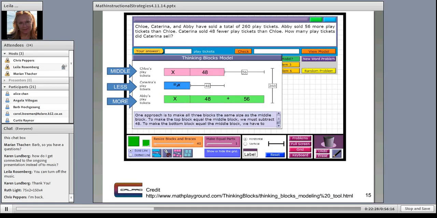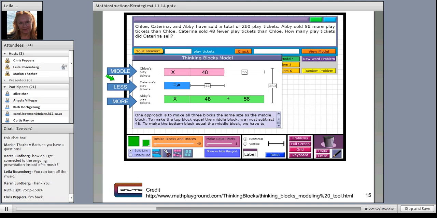You can also add your own word problem and use the choices in the lower part. Let me show you with the arrow again. In this part right here, you can come up with your own options. You can add blocks, you can show or hide a grid, and have many other options available.